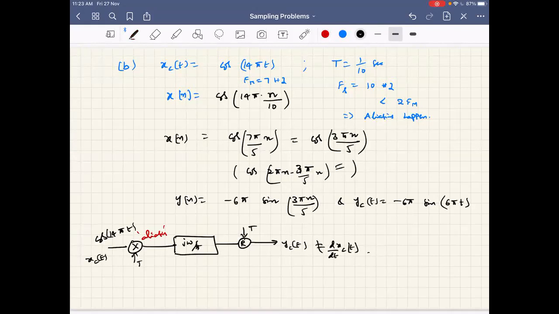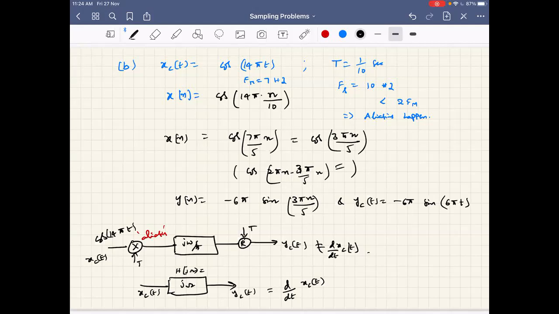So things in continuous time don't work the same way in discrete time. See, if I had given this xc of t to a continuous time filter, H of j omega equal to j omega, assuming that is my filter, and I got yc of t, then exactly yc of t is equal to d by dt of xc of t. It is a differentiator, so whatever I give as input gets differentiated and comes as output.